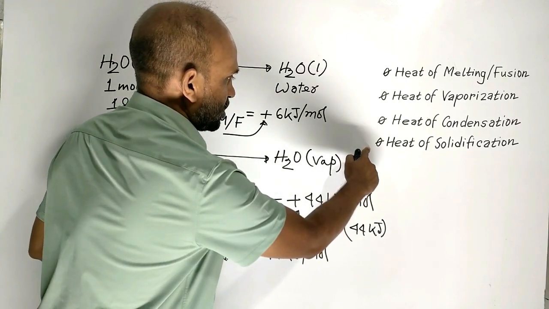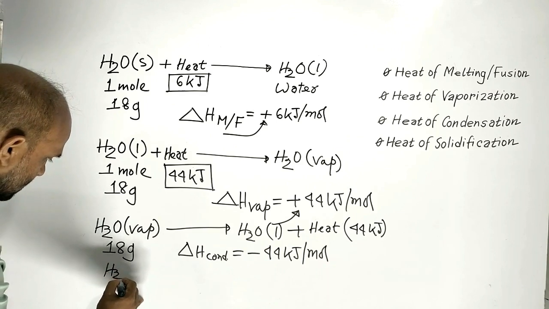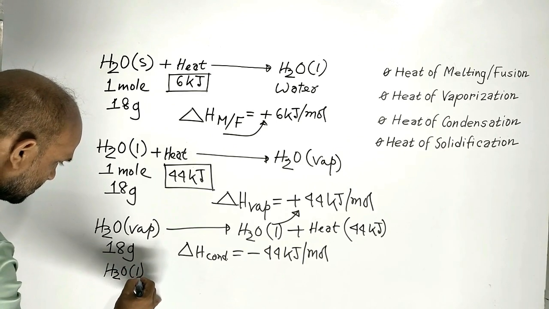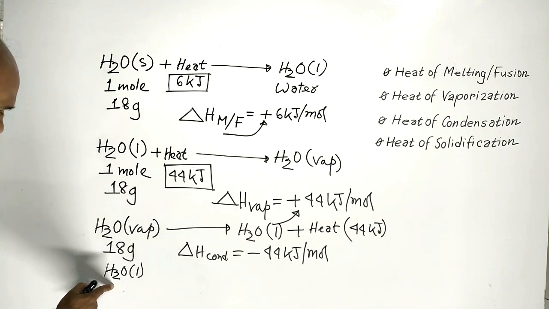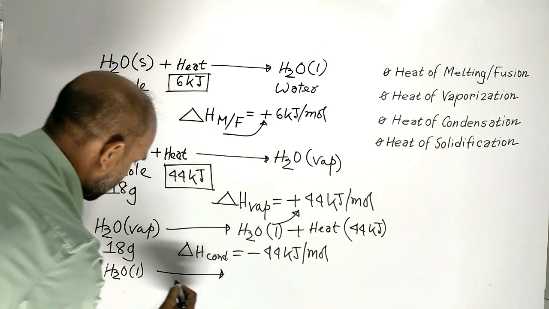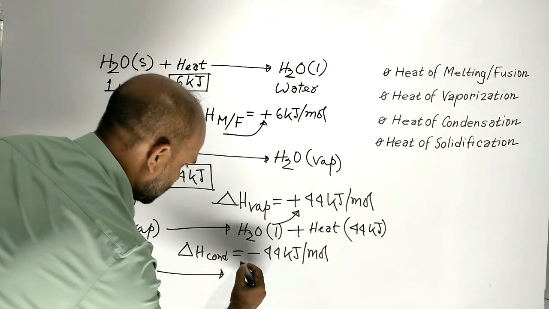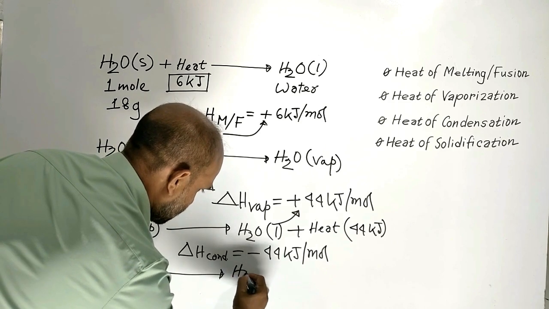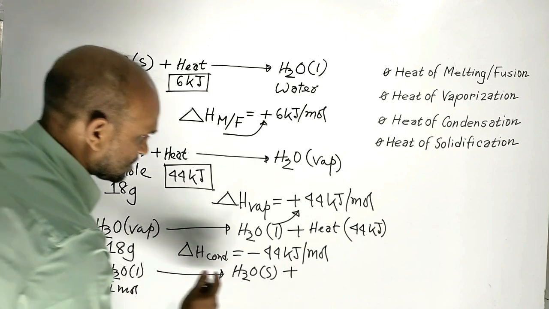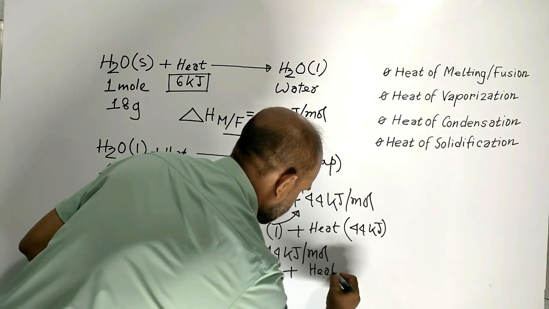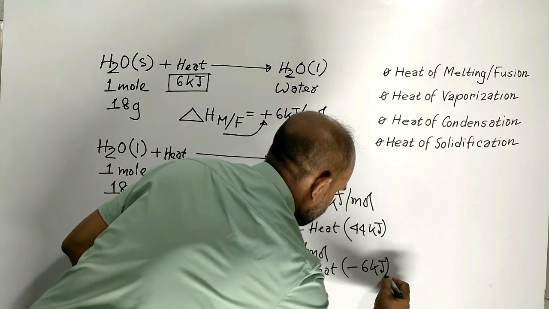Now, heat of solidification. Here, liquid water has been taken. Heat of solidification is applicable for liquid substance. When 1 mole liquid is converted to 1 mole solid, then it releases some amount of heat, which is actually here 6 kilojoule.